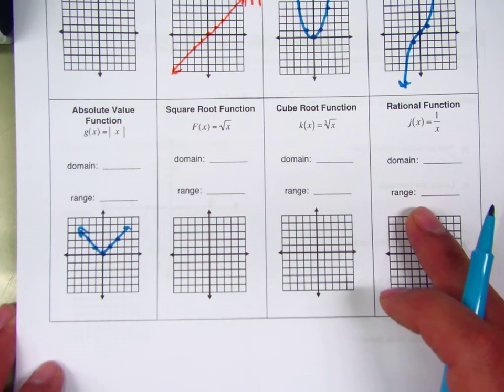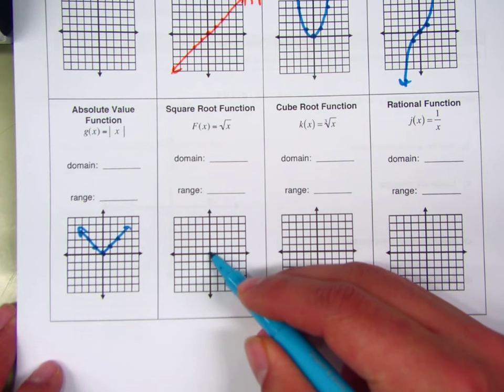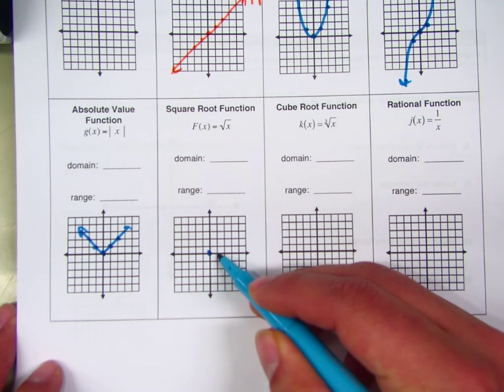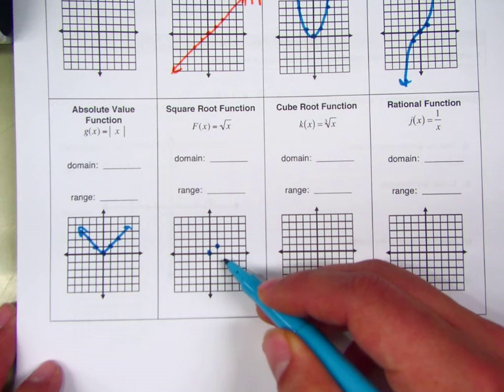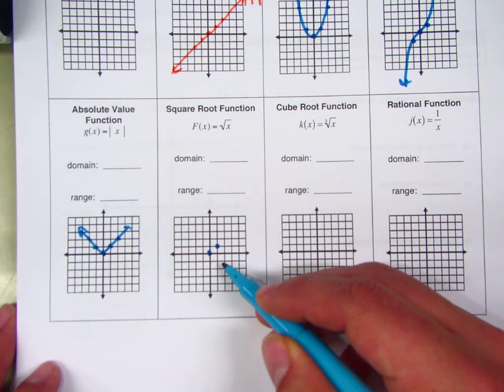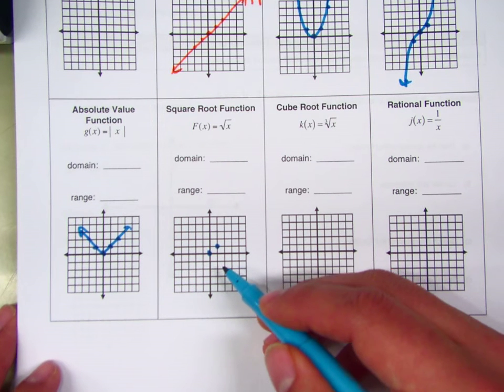The square root graph. Okay. What's the square root of 0? What's the square root of 1? 1. The square root of 2? 4. 4 times 4 is 2? That's interesting that you say that, though.